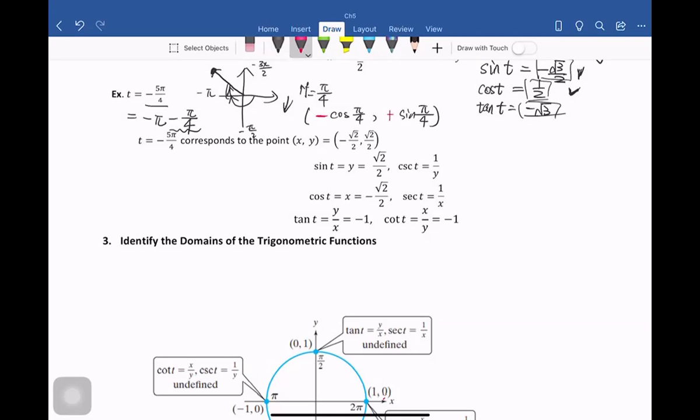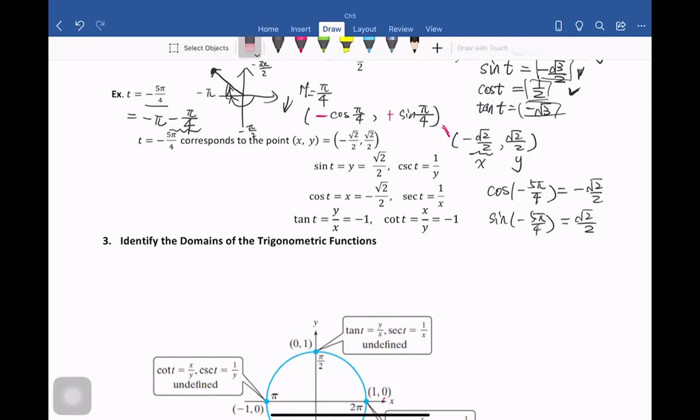That means we have negative square root of 2 over 2 and square root of 2 over 2. Right now we have the x value and y value. So cosine t, or I'd say cosine negative 5 pi over 4, equals the x value, negative square root of 2 over 2. Sine negative 5 pi over 4 equals square root of 2 over 2.